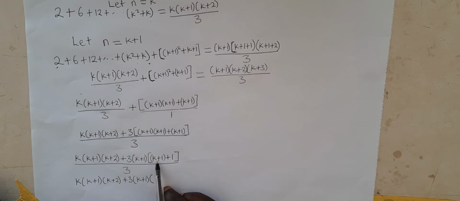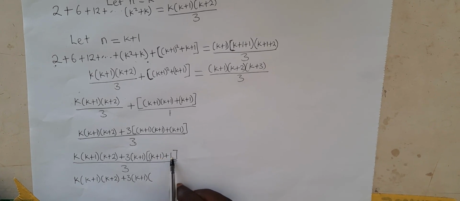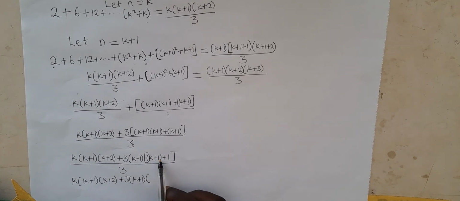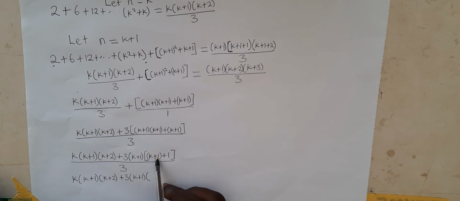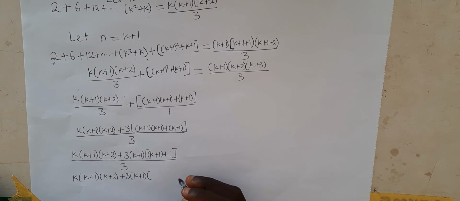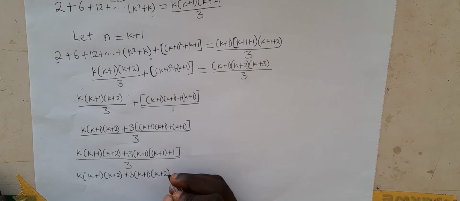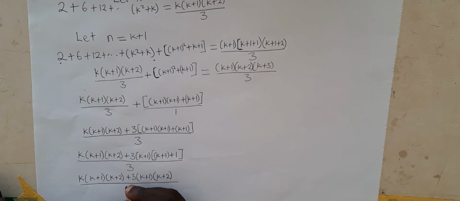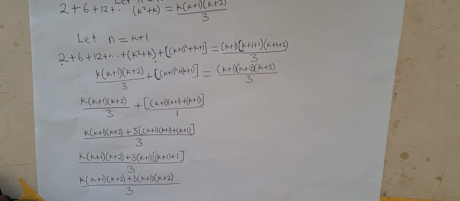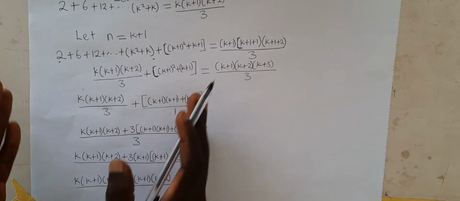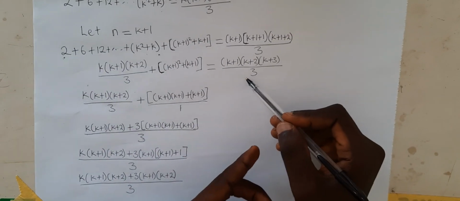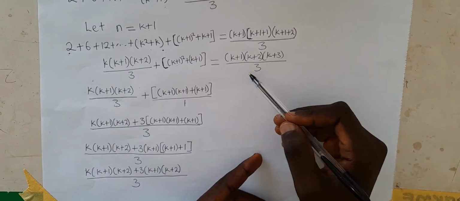Now here, this k plus 1 plus this 1, if I open the brackets here, that will give me what? 1 plus 1, it will give me what? 2. This will be k plus 2. Everything all over what? All over 3. Okay, now you still see that this is still the left hand side. I want to prove whether I will get the value for this right hand side here.